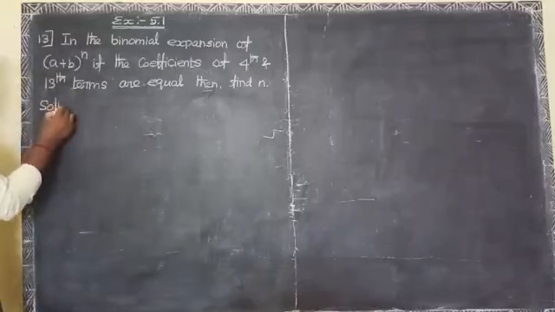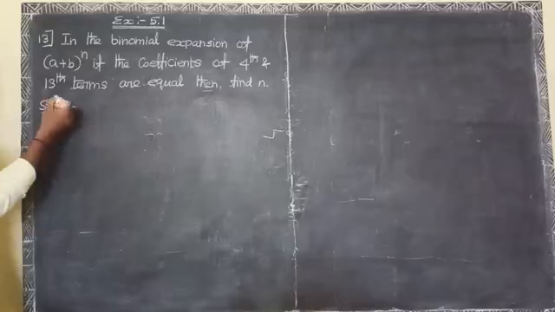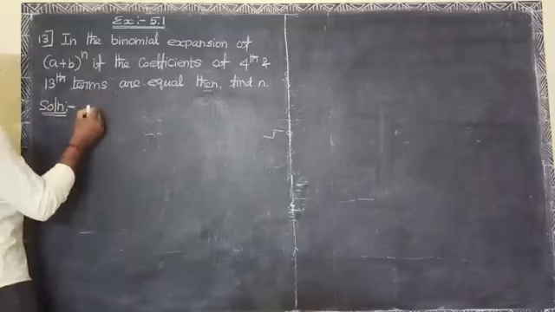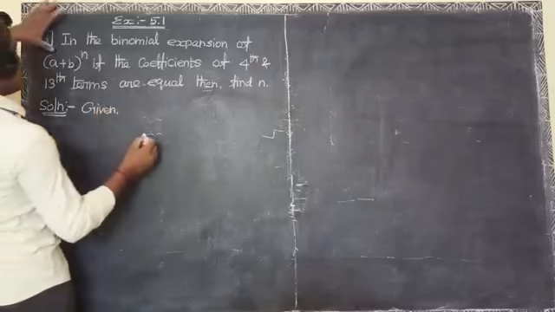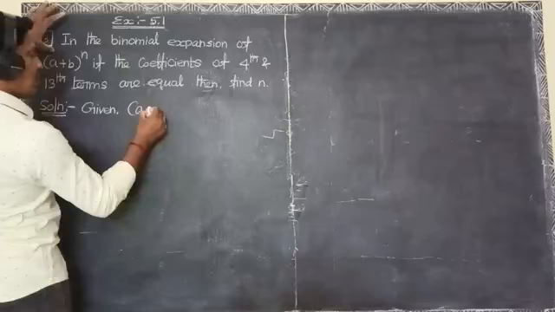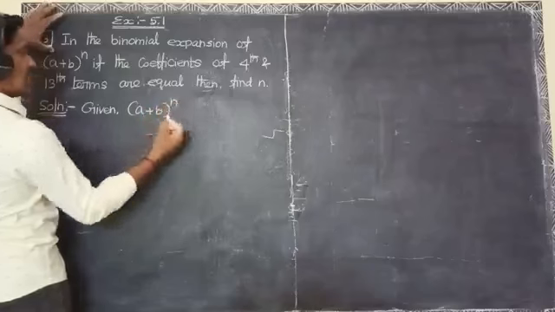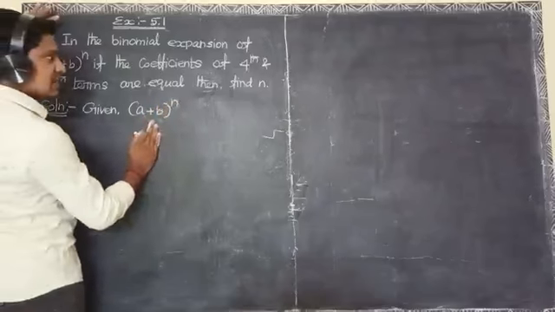Solution: the given binomial expression is (a + b)^n. This is a binomial expansion.